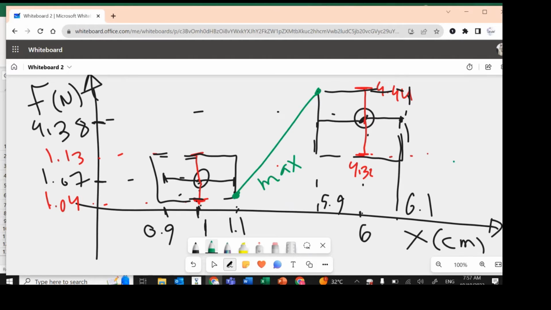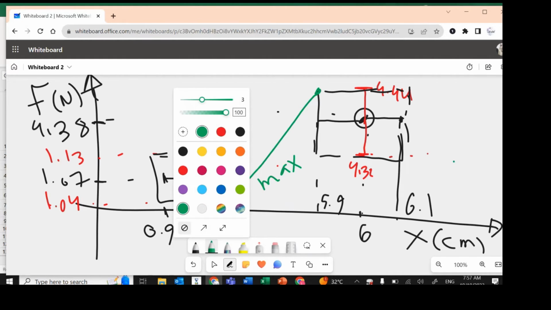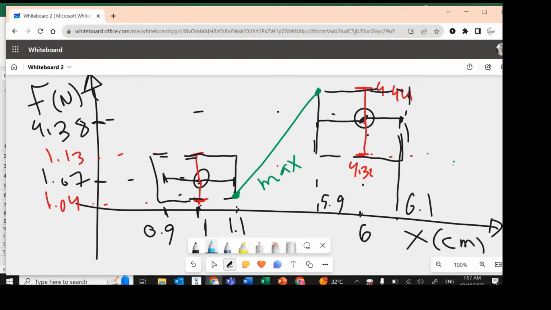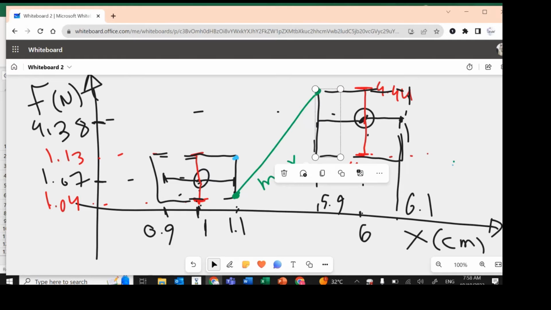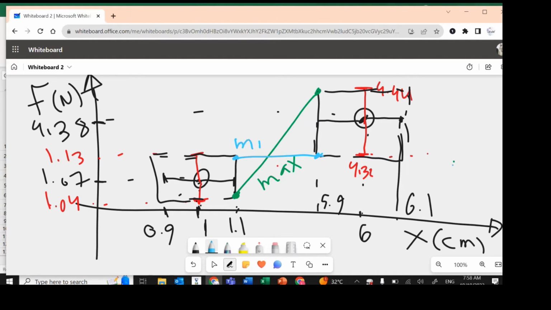For our minimum slope, I'm going to change just the color. For our minimum slope, we have to draw from the top left corner, the first point, to the bottom right corner, this point. So this will be the minimum slope.